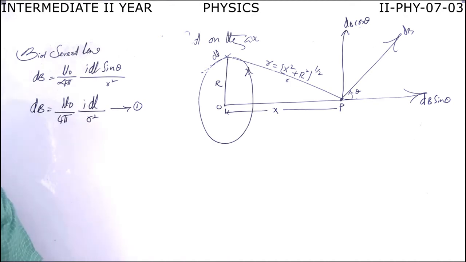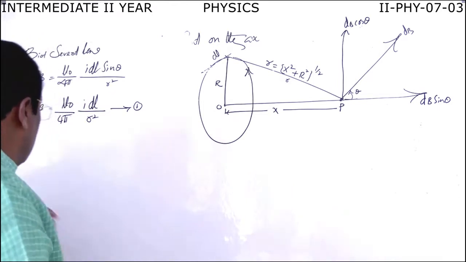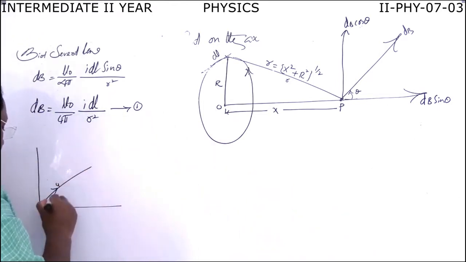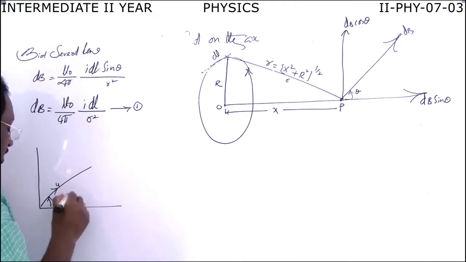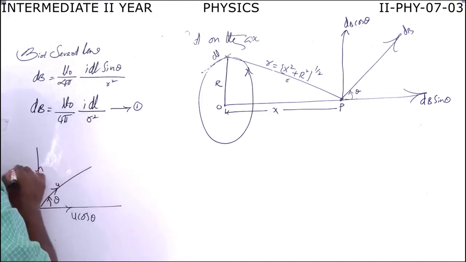In the case of a projectile, whenever a body is projected at some angle, the velocity of the body is resolved into two components, u cos theta and u sin theta.